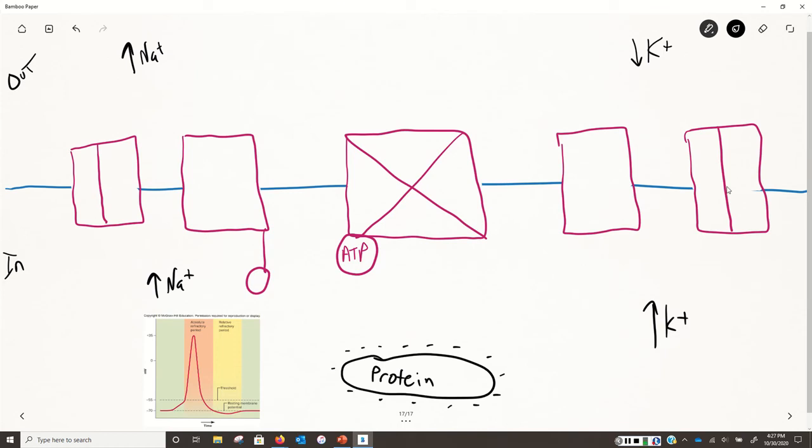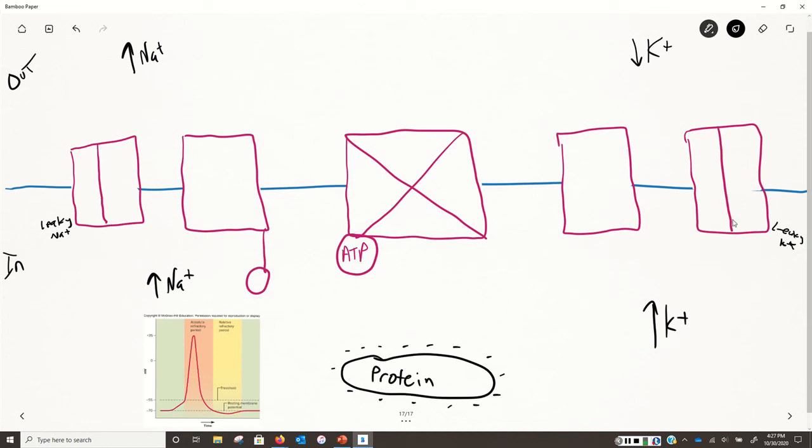Here, all the way on the left, is a leaky sodium channel. All the way on the right is a leaky potassium channel. They're leaky, so that means they're always open, and that's what this red line in the middle of each of them is supposed to be.